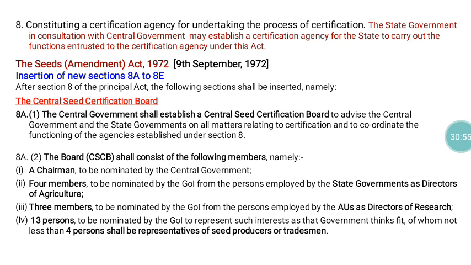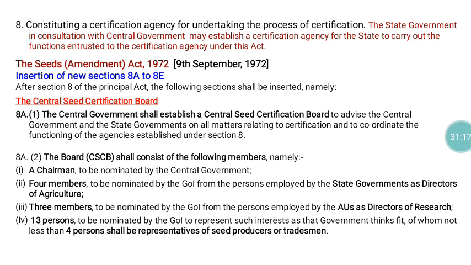Then 8A subclass 2 gives details of the members of the Central Seed Certification Board. We already discussed the Central Seed Committee and its members in Section 3. Like that, 8A subclass 2 gives information regarding the members of the Central Seed Certification Board.